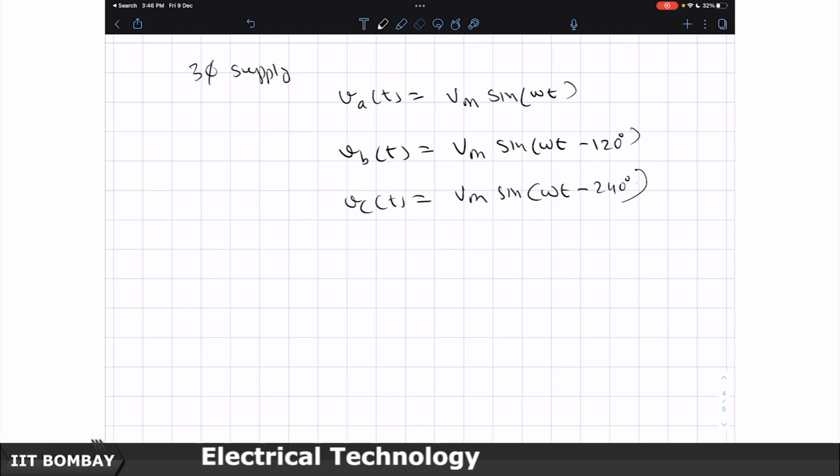If you want to write it as cosine, it is equally fine if you write these three as Vm cos of omega t, Vm cos of omega t minus 120 degrees, and Vm cos of omega t minus 240 degrees. But out of convenience, I am going to write this as sine of omega t, sine of omega t minus 120 degrees and sine of omega t minus 240 degrees.